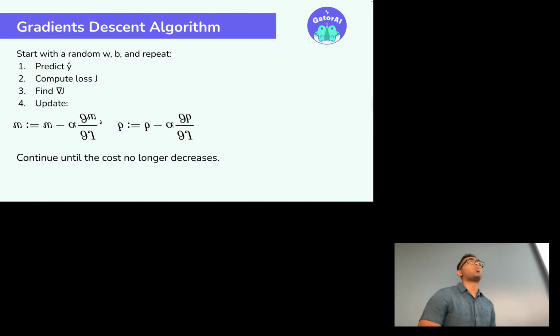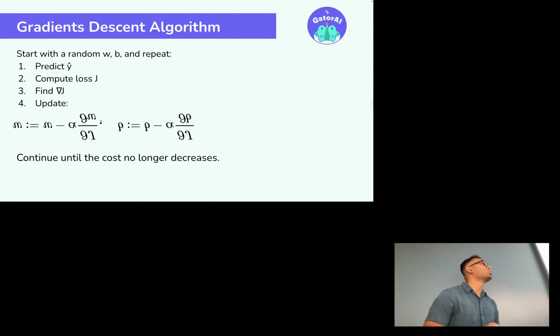After you predict your y hat, you want to compute the loss, and the loss is referred to as j. And now once you get j, you calculate the gradient of j with respect to each parameter in the model. And then finally, you update the parameters to become more efficient after each iteration. And we have the function for the updating model right here.